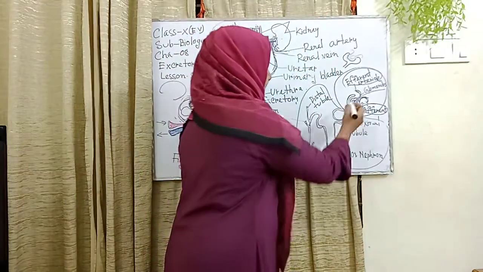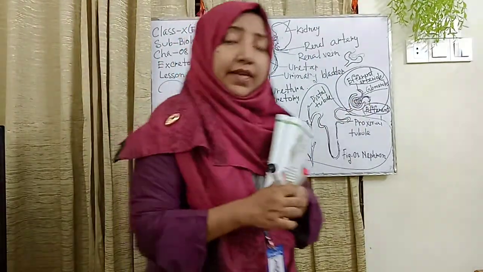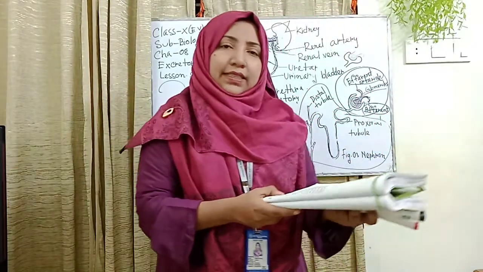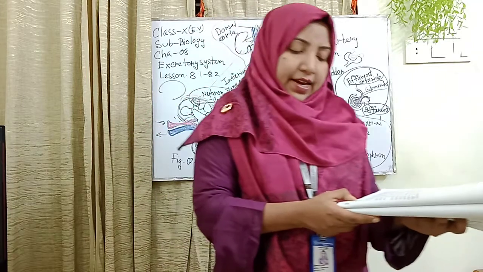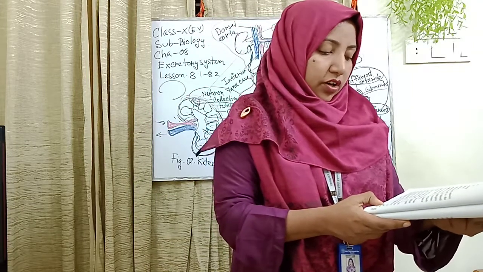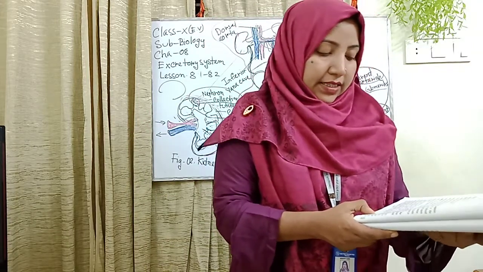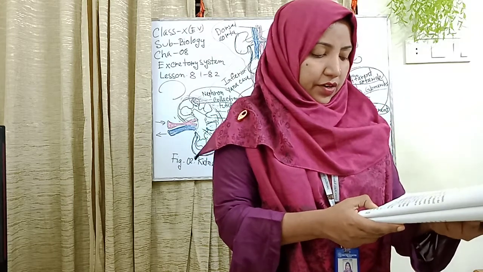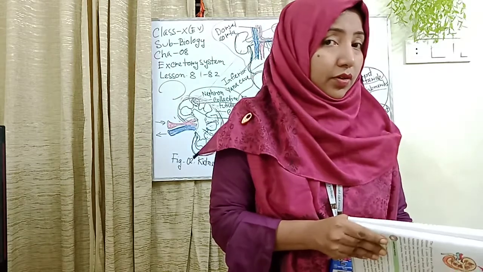These capillaries divide again and form a mass of fine capillaries. These capillaries unite together and form the efferent arteriole to leave the Bowman's capsule.